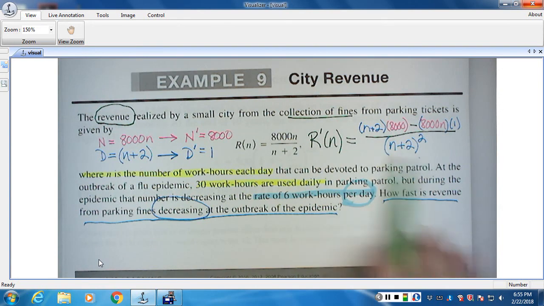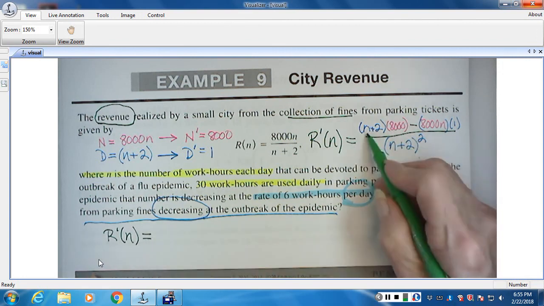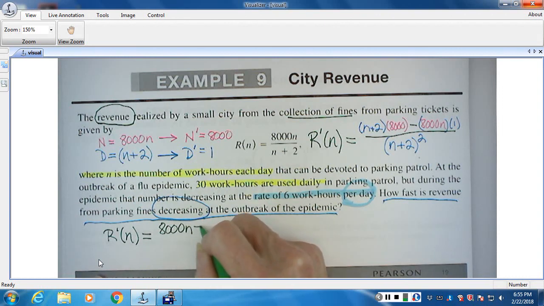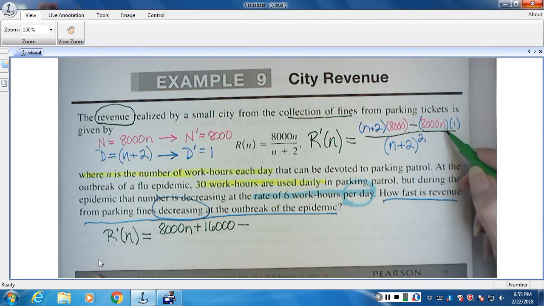Now this would be a tad easier to use if I didn't have all those parentheses in there. Since I'm going to have to do a little more work with it, I think I might want to try to clean this up a little bit. So I'm going to try to rewrite R prime of n with a few less parentheses. So 8,000 times n plus 2 is 8,000n plus 2 times 8,000 is 16,000 minus 8,000n.